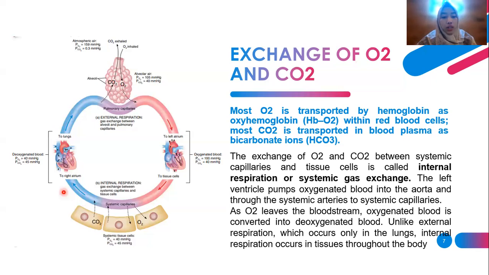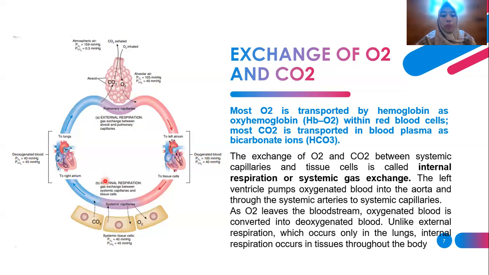Because of this difference, carbon dioxide diffuses from the blood into the alveoli until the pressure of carbon dioxide of the blood decreases to 40. Exhalation keeps alveolar at 40, so oxygenated blood returning to the left side of the heart in the pulmonary veins thus has 40 of carbon dioxide pressure.